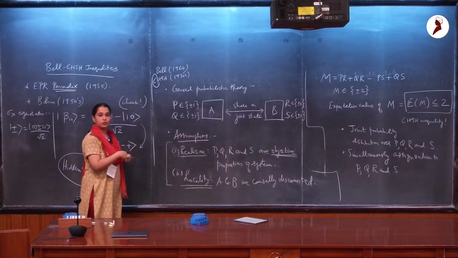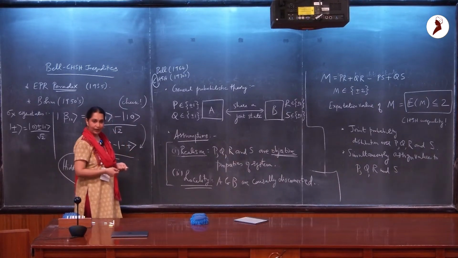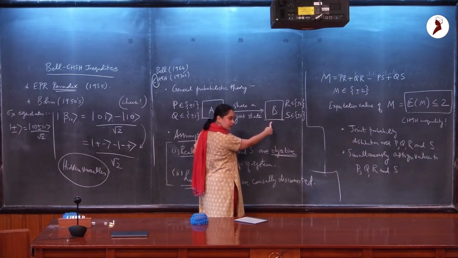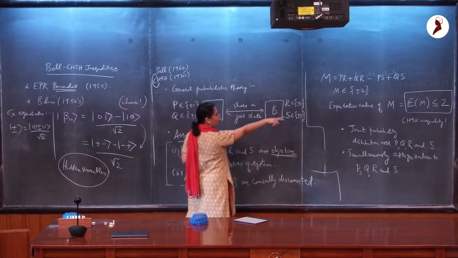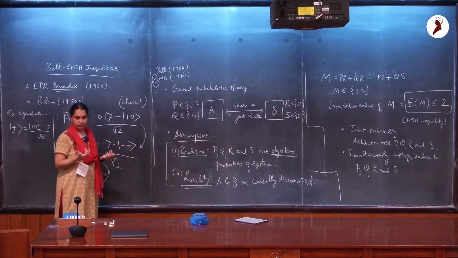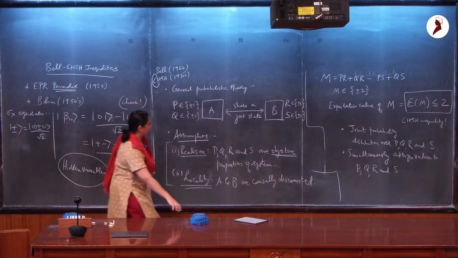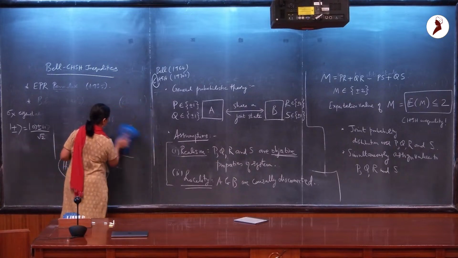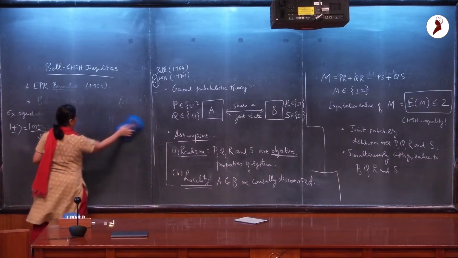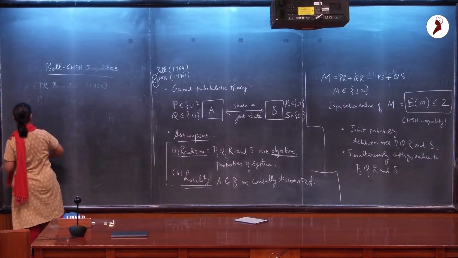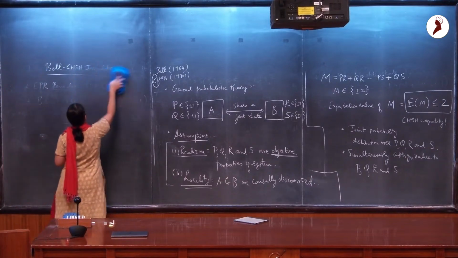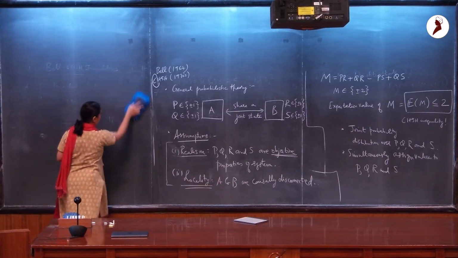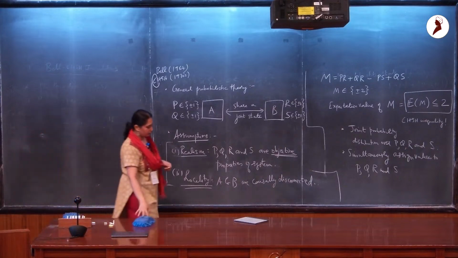However, I'm now going to show you that there exists in quantum mechanics a joint state of a pair of causally disconnected systems and a set of observables for which this is going to be violated.